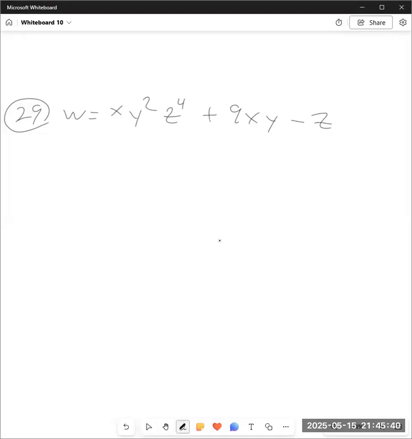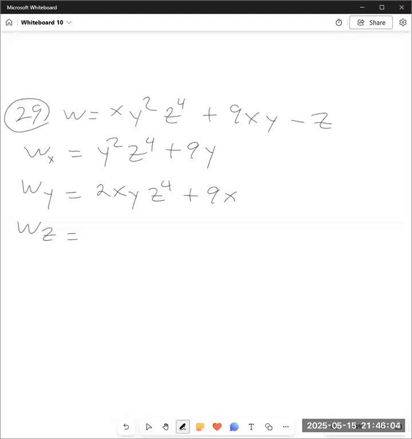And we want the partial with respect to x is going to be y squared z to the fourth plus 9y. Partial with respect to y, it's going to be 2xy z to the fourth plus 9x. And the partial with respect to z is going to be 4xy squared z to the third. No z's in that piece. That's a 0 minus 1.